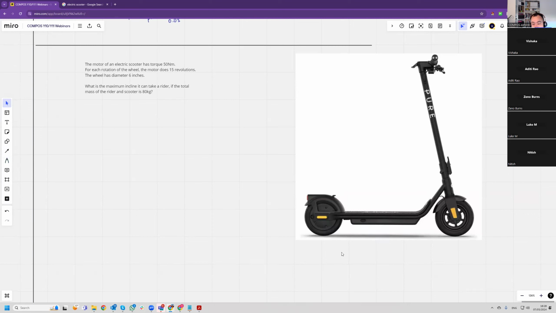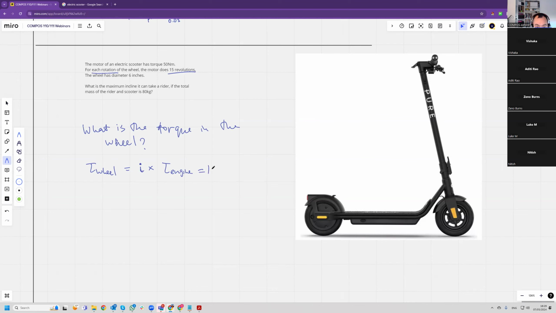Okay, so we can find the maximum force in the wheels. What is the torque in the wheel? Well, the torque in the wheel is the mechanical advantage, the gear ratio, multiplied by the torque of the engine. And we see 15 revolutions for each rotation.